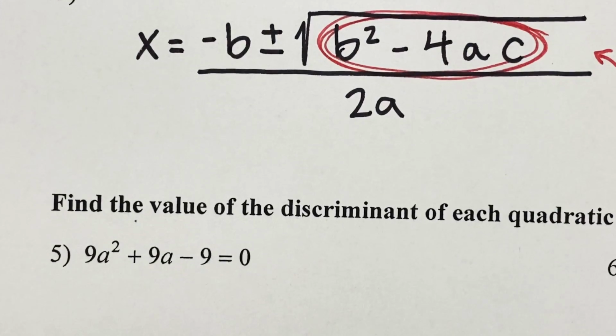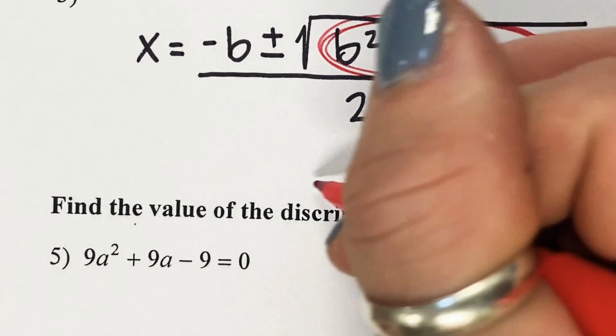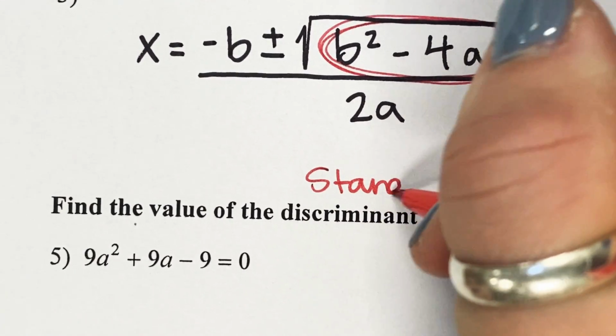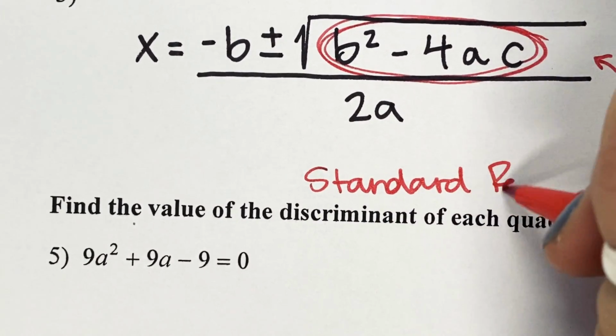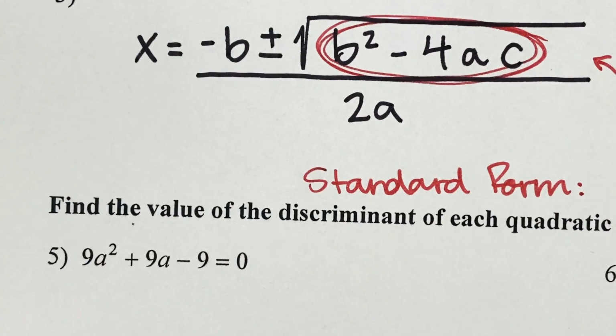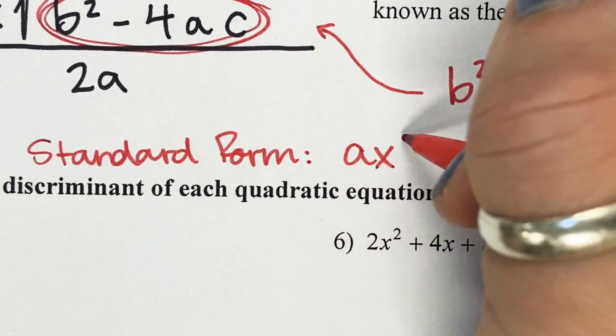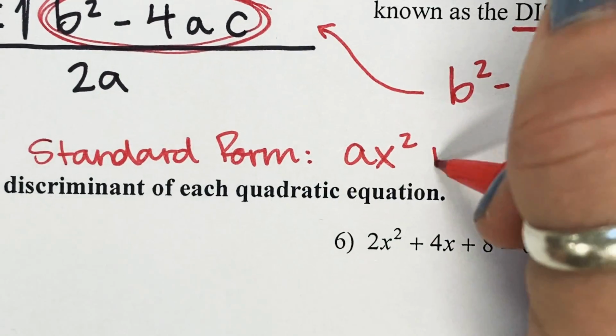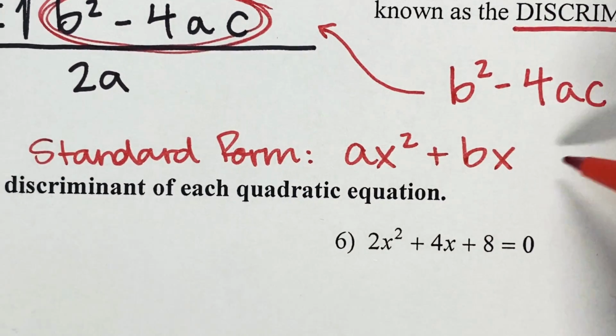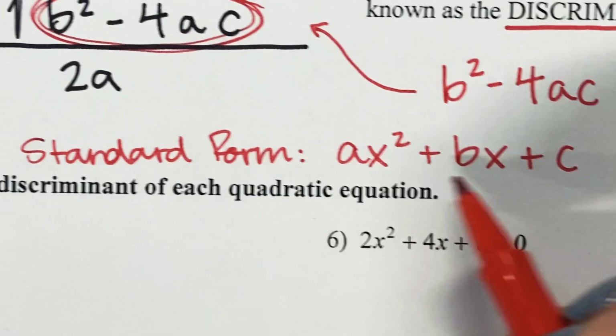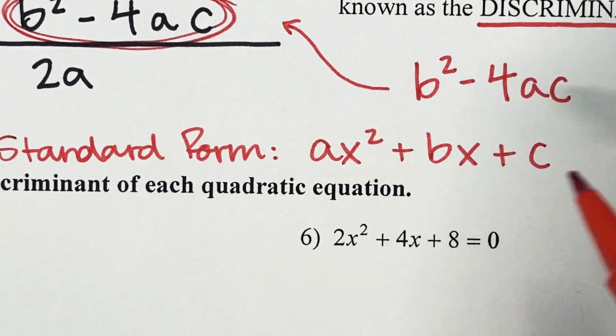These quadratic equations are all written in standard form. Make this note on your paper. Standard form is always written as ax squared plus bx plus c. Sometimes it won't be an x, sometimes it'll be some other letter, doesn't matter.